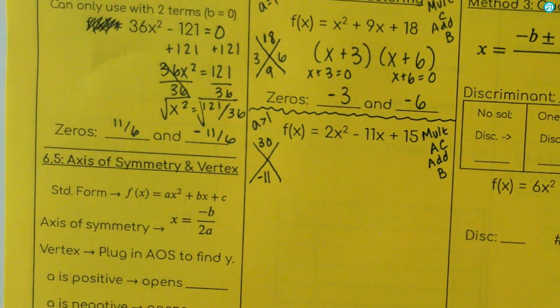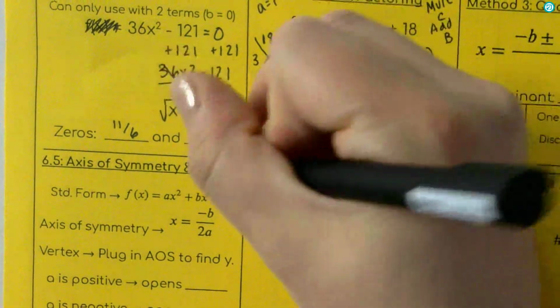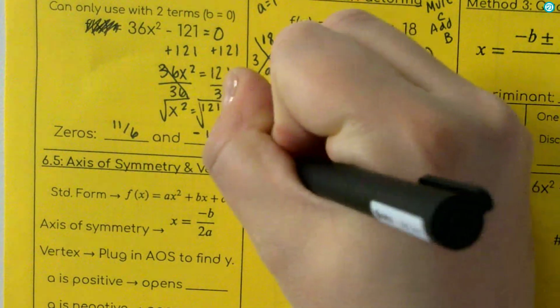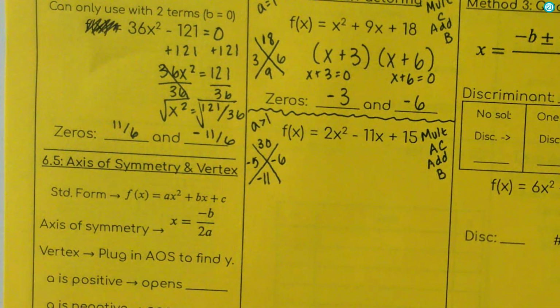I can make them both negative. -5 plus -6 is -11, and it'll still multiply to that positive. So my two numbers I'm going to use are -5 and -6. Okay. Any questions about that?